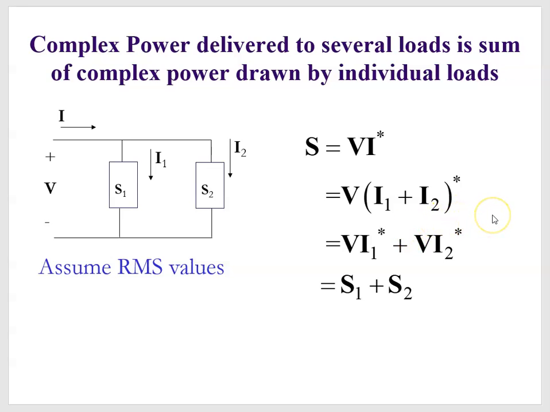We can break that, which is obvious, into these individual terms. This would be our S1 and our S2. The reason we can do that is that, for example, if our phasor I1 is equal to I1 cosine theta 1 plus j I1 sine theta 1, then when we take the conjugate of the whole thing, the imaginary part just becomes negative.